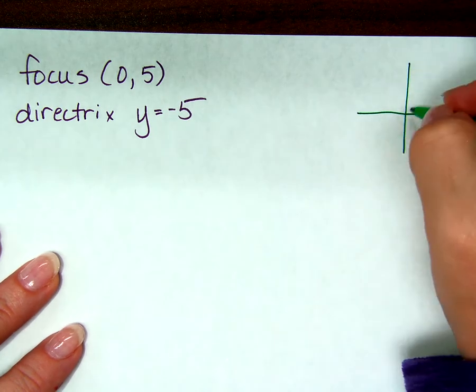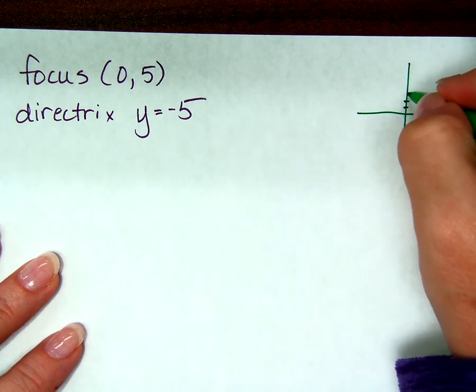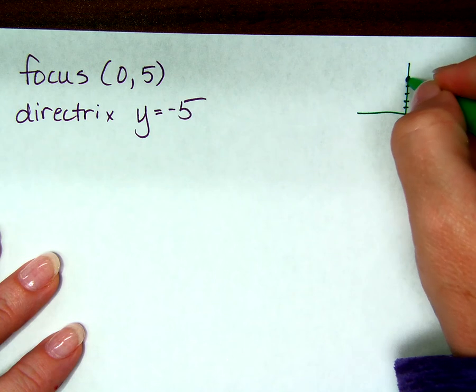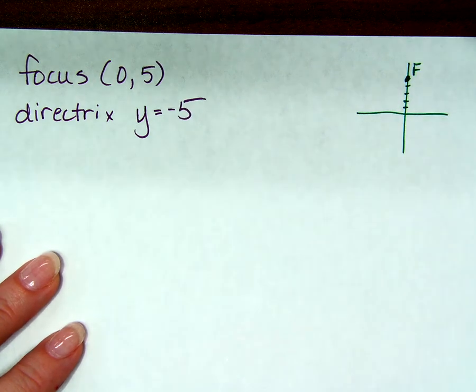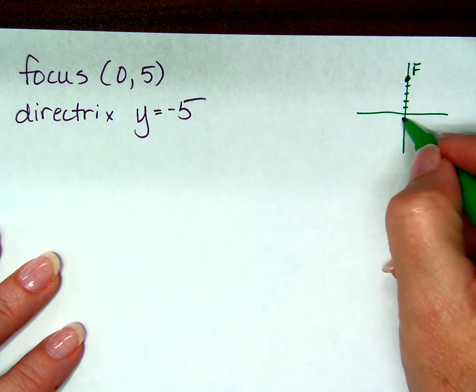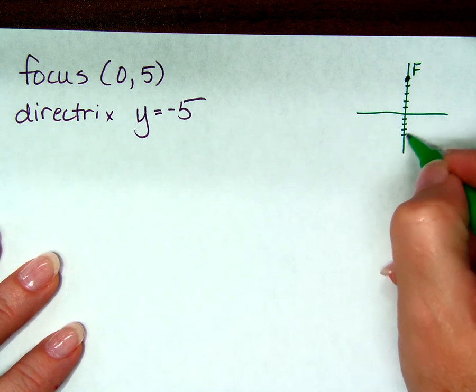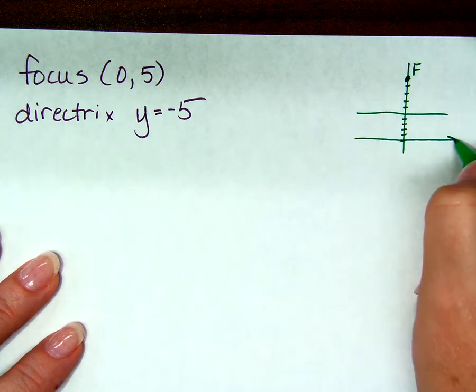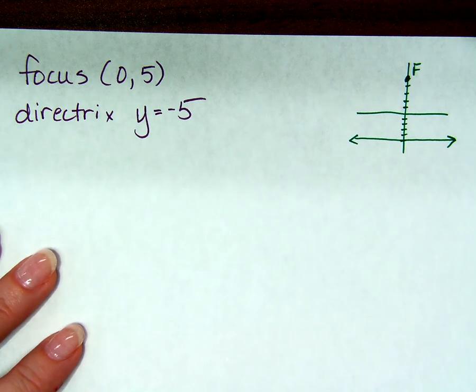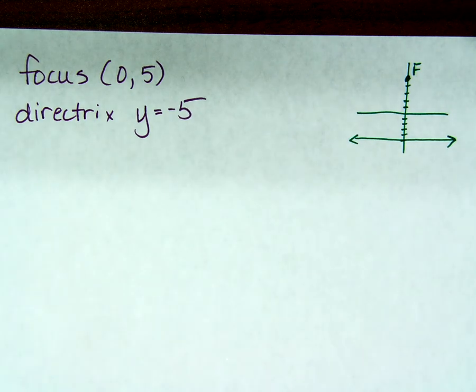So my focus is at 0, 1, 2, 3, 4, 5. There's my focus. My directrix is y equals -5, so it crosses the y-axis at -5. So that's my directrix. Well, here's the deal. Now I know exactly which way it opens, don't I? How does it open?